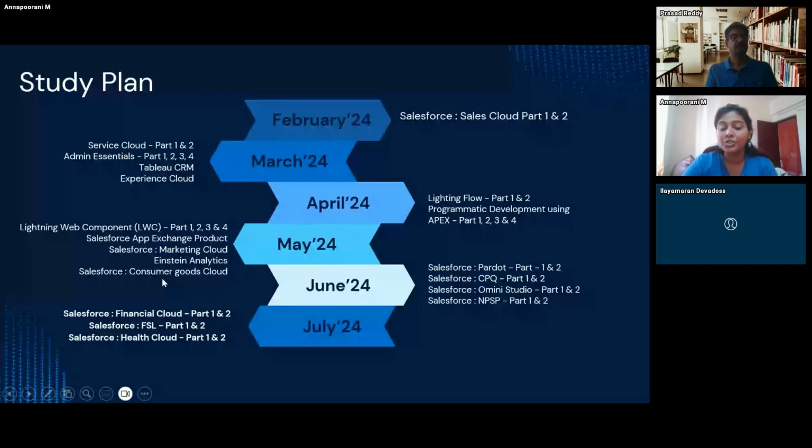And then the other licensed products, with a basic introduction to give you some learning on them: Pardot, CPQ, Omni, Non-profit, Financial Cloud, Field Service (FSL), and the Health Cloud. All these are the plans in our agenda.